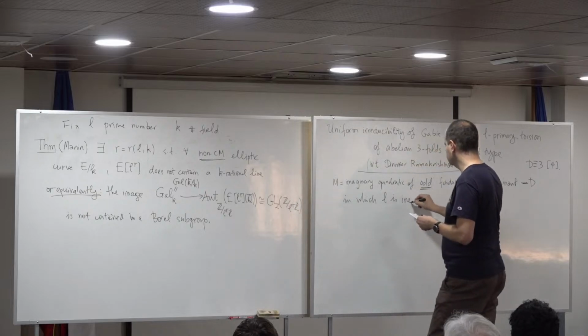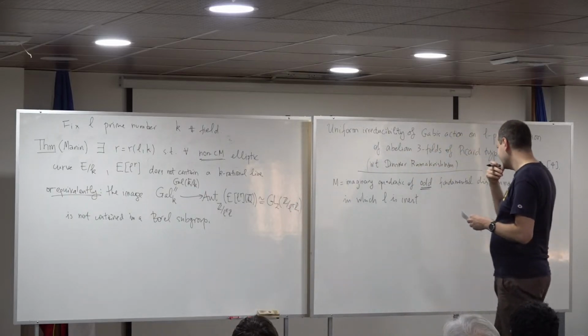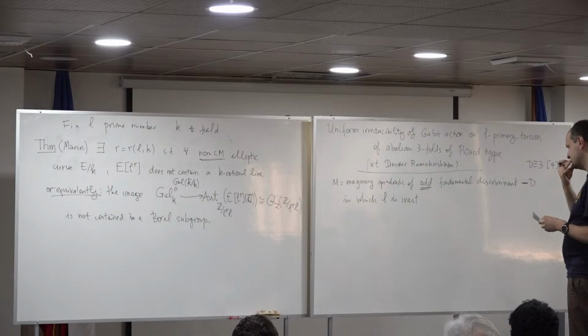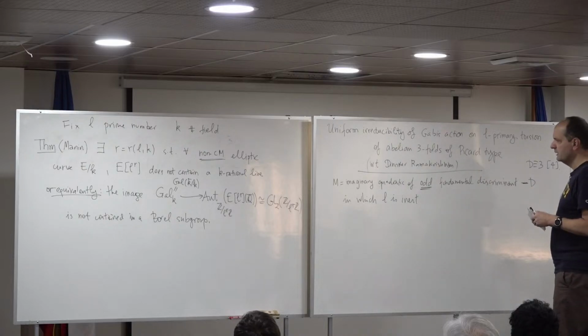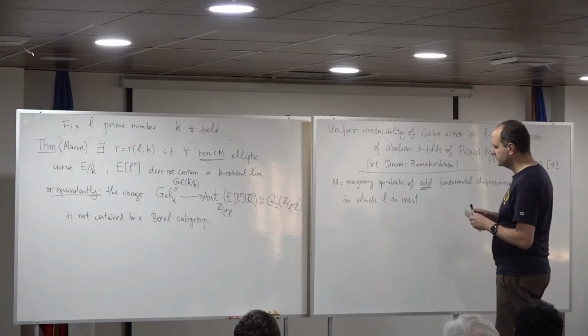This is the interesting case from the point of view of Shimura varieties, where it's a group which locally at L is really a unitary group as opposed to GL3.